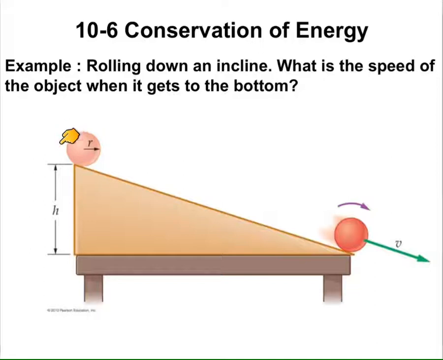Initially, it is at the top of the incline, which has a distance to the ground h, height, and you release it from the top. Of course, it will start moving, but it will also start rotating, right? It will do this rotational motion, both translational and rotational motion, and when it comes to the end of the incline, what is its linear speed?